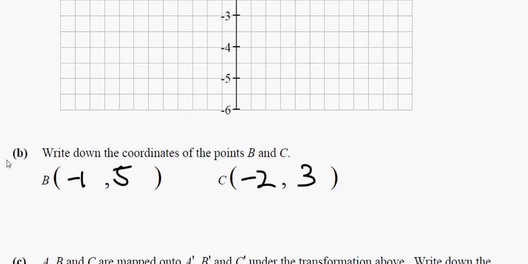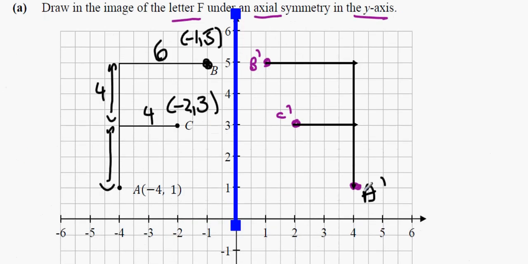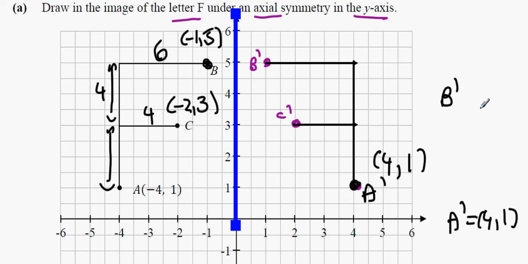Right, so A dash is going to be 4, 1: 4 to the right, and 1 into the air. So A dash is 4, 1. B dash is 1 to the right and 5 in the air, so 1, 5. And C dash is 2 to the right and 3 into the air, so it's 2, 3.